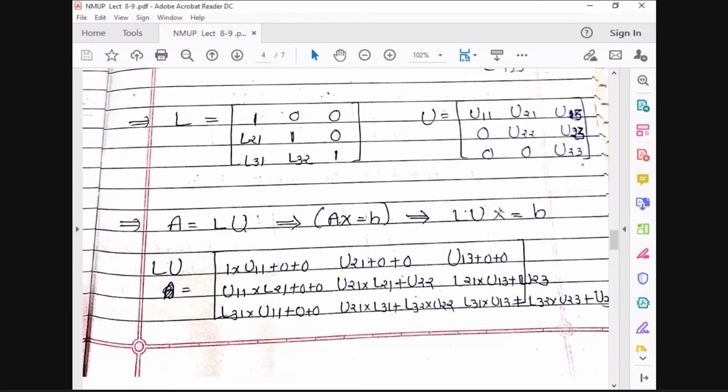Especially for this method, you have to take the diagonal value equal to 1, only for the lower triangular matrix. Okay, fine.